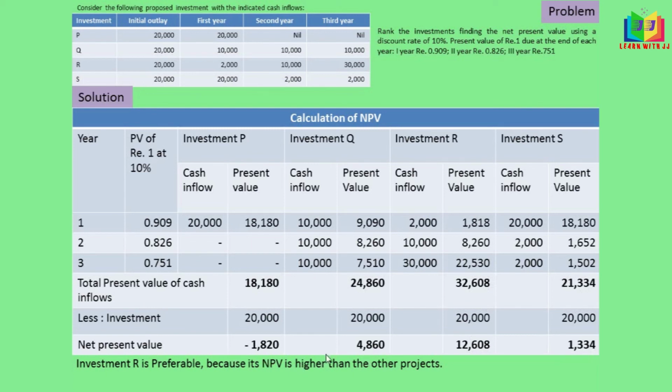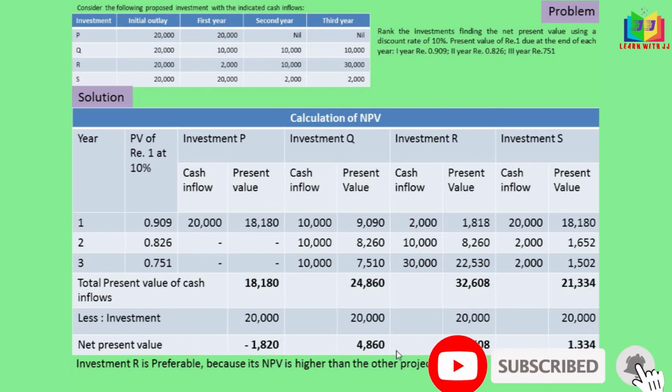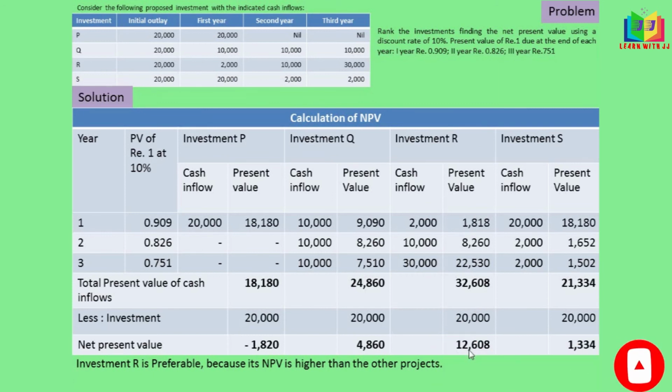We have to see which one gives the highest net present value. Investment R gives the highest net present value, so investment R is preferable. We have to conclude like that.